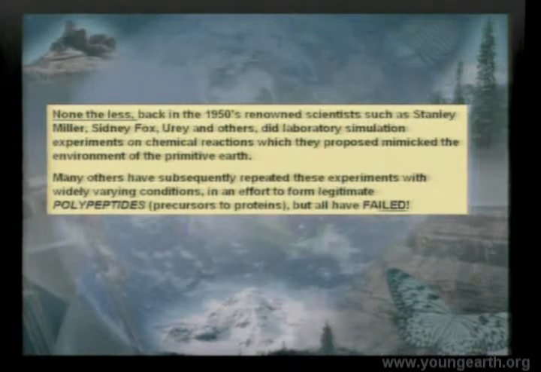Now it's not reducing. Why? Because it has oxygen in the atmosphere, right? Mostly nitrogen, but roughly 75% nitrogen, 25% oxygen, just roughly, okay? Now, many others have subsequently repeated those experiments, widely varying conditions, in efforts to form legitimate peptide bonds.